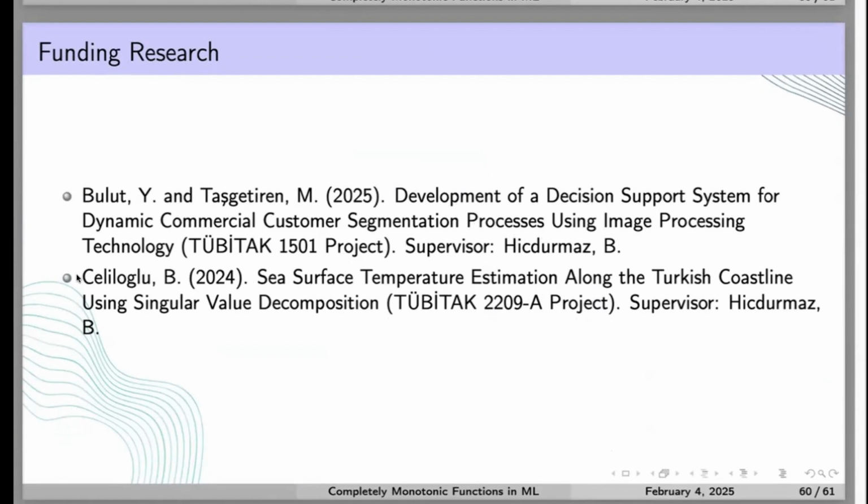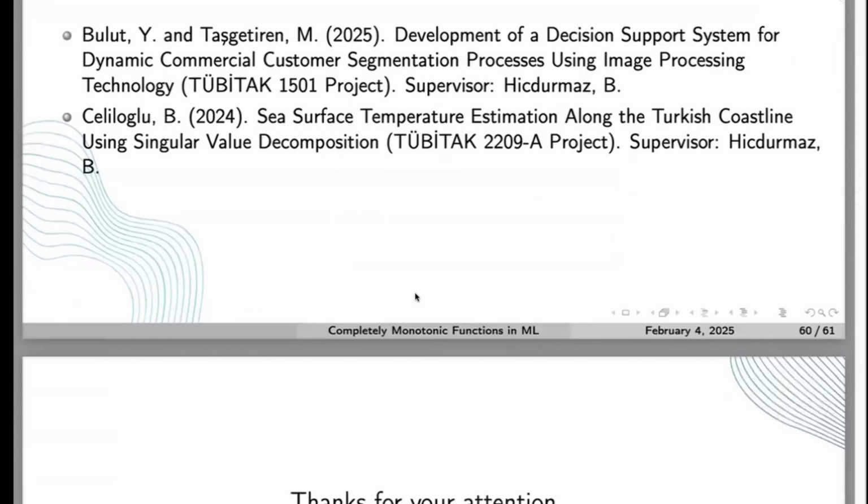And this is my undergraduate student and her project, again using singular value decomposition on sea surface temperature estimation, with regularization, but we then saw that kernel functions can also be helpful for kernel ridge regression of this dataset. So we will also use kernel functions in this project.